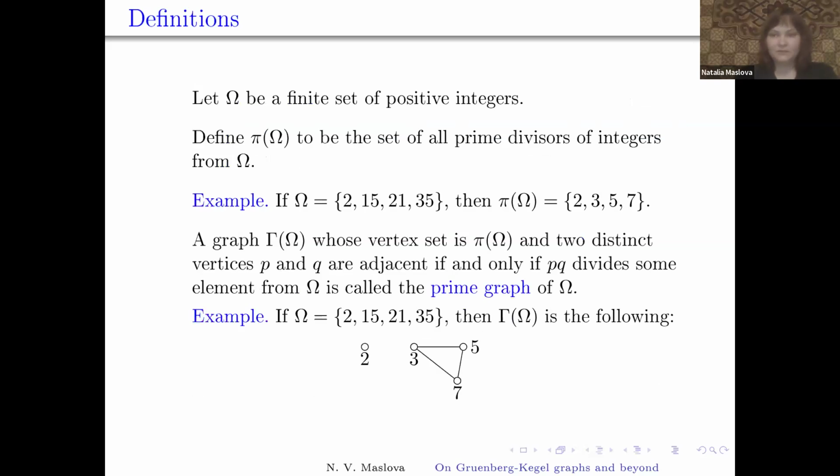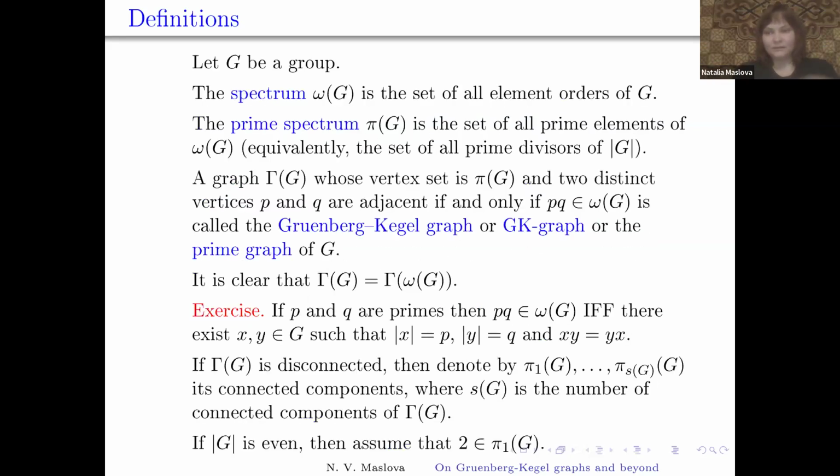Here, in the definition of the prime graph of a finite set of integers, you can see that if you take a set and close this set with respect to taking divisors, then the graph is stable under this operation. And for a finite group, it's very easy to find that its spectrum is closed under taking divisors.